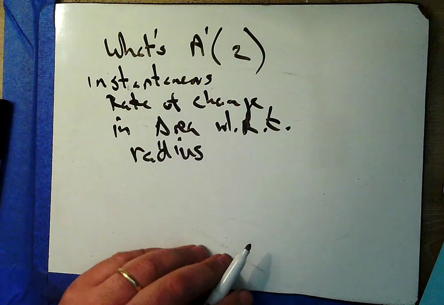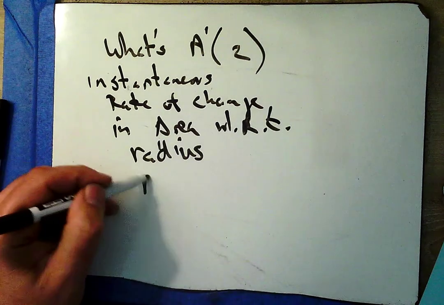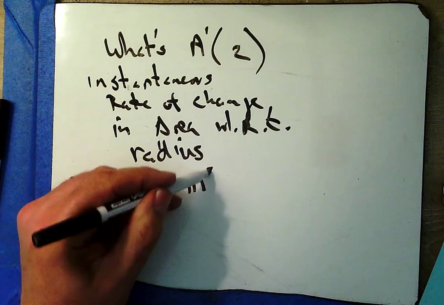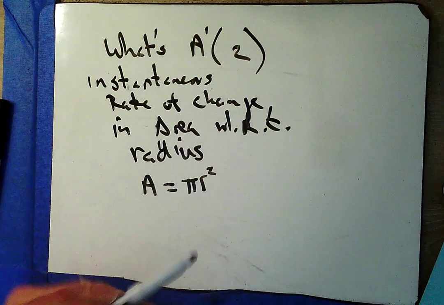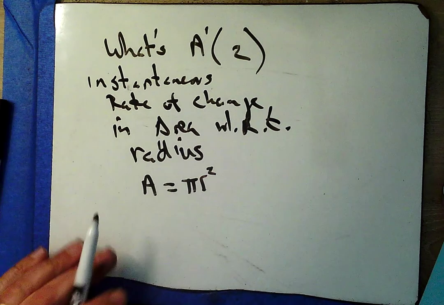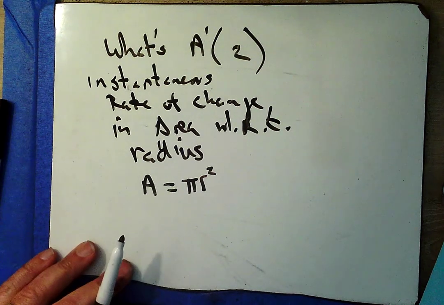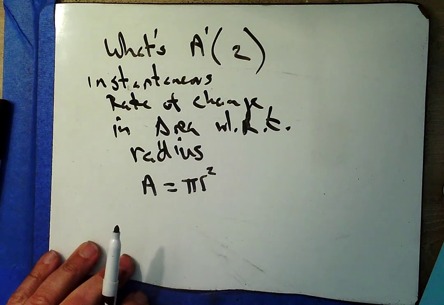Okay? A prime of 2. So we know that a equals pi r squared. And I want to find a prime of 2. Guess what? This is your last opportunity in this video to use a limit definition of the derivative. Okay?